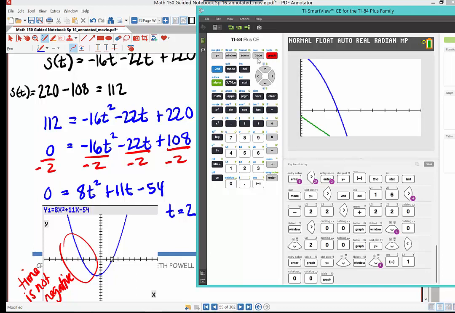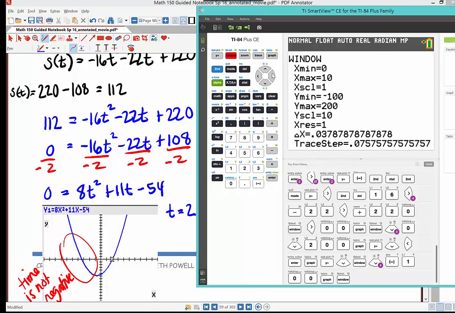Okay, almost there. What I want to see is what happens when our graph hits the ground. So go back to window. Want to get a lower minimum y value. So I'm just going to try negative 200 to 200.